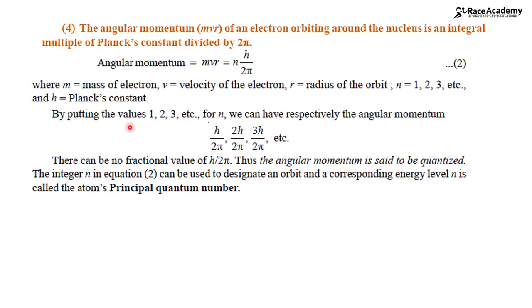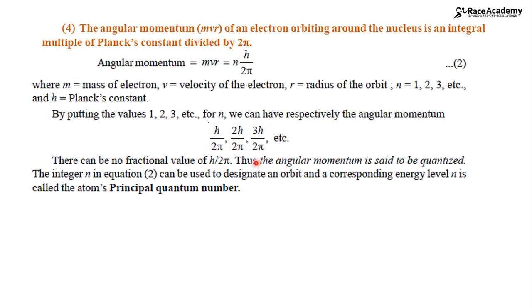Putting n values 1, 2, 3, we get angular momentum values of h by 2 pi for the first orbit, h by pi for the second orbit, 1.5 h by pi for the third orbit, etc. So there can be no fractional value of h by 2 pi.